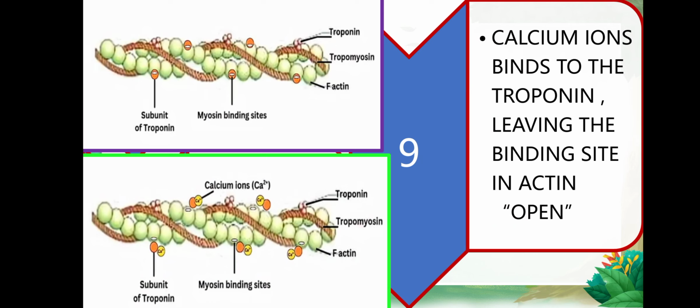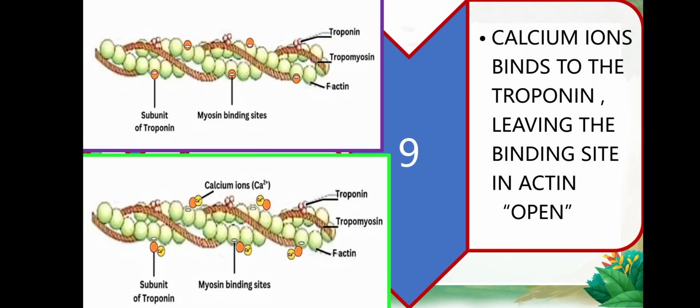Okay, in the resting stage, actin has certain sites for troponin, and certain sites for the myosin molecule also. The myosin attaching point is covered by troponin, isn't it?